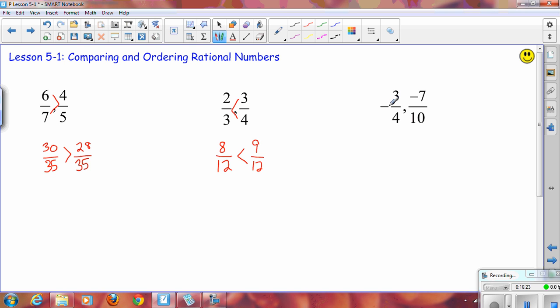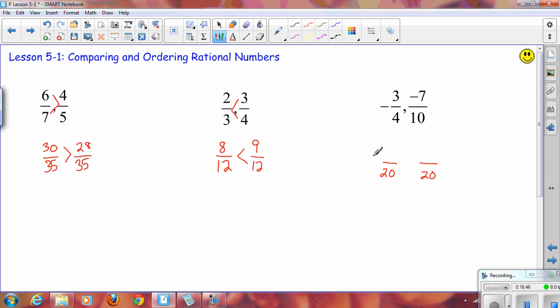Okay, we've got negative 3/4 and negative 7/10. Remember, it doesn't matter where the negative sign is, the whole fraction is negative. Also remember, with negative numbers, you count backwards, so the bigger number will be smaller since they're negative. With 4 and 10, our common bottom number is 20.